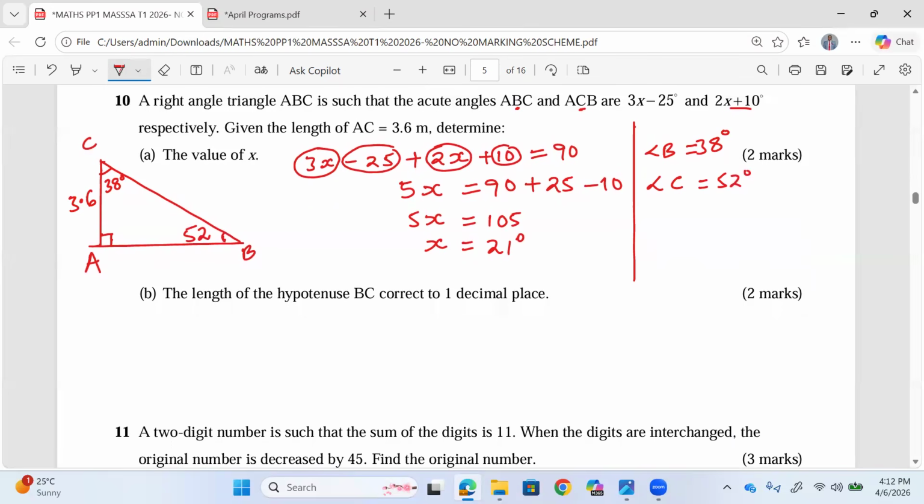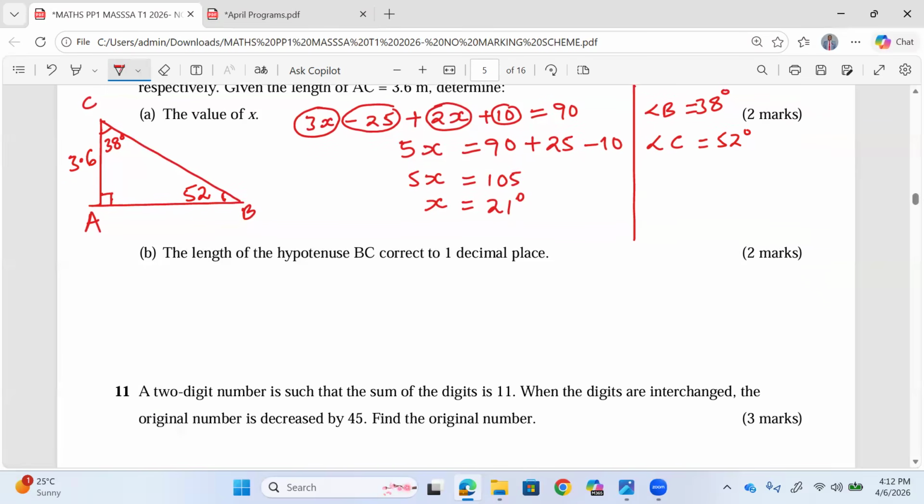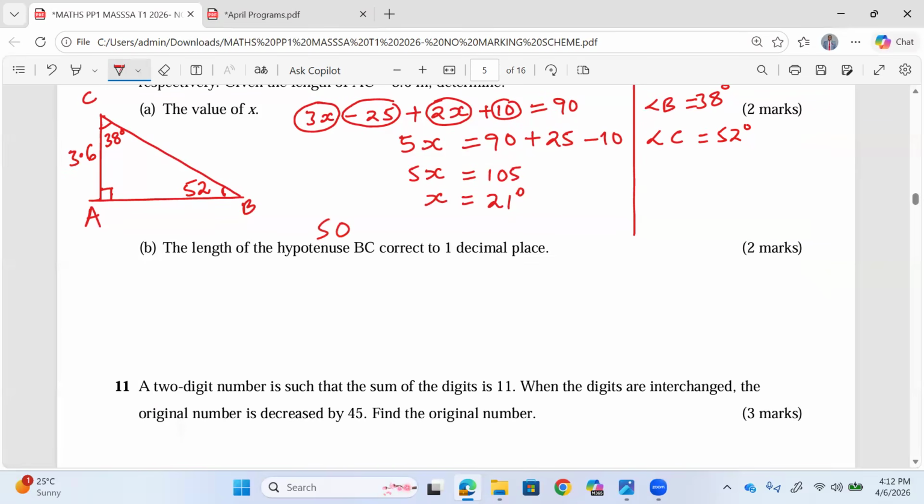So for us to find the length of the hypotenuse, we are supposed to apply trigonometric ratios, either sine or cosine, because sine and cosine are the ones that involve the hypotenuse. You remember the acronym SOHCAHTOA?